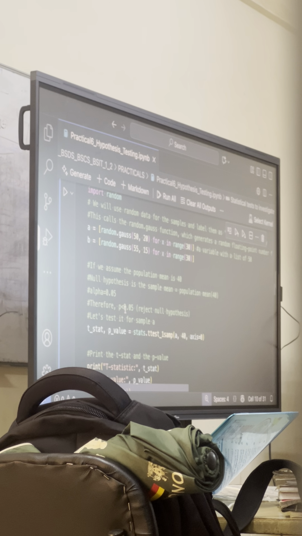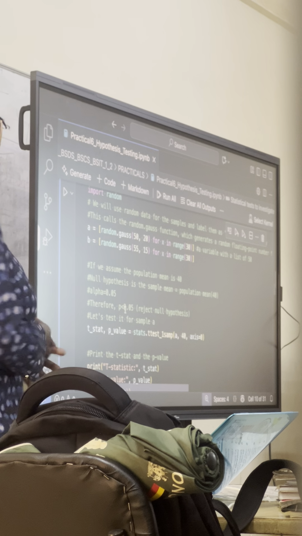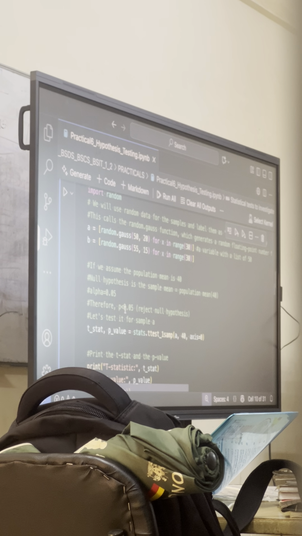For instance, if I set my threshold at 0.05 and I get a p-value of 0.049, that would still show a statistical significance. But I could have one that's 0.01, so it's a stronger statistical significance.